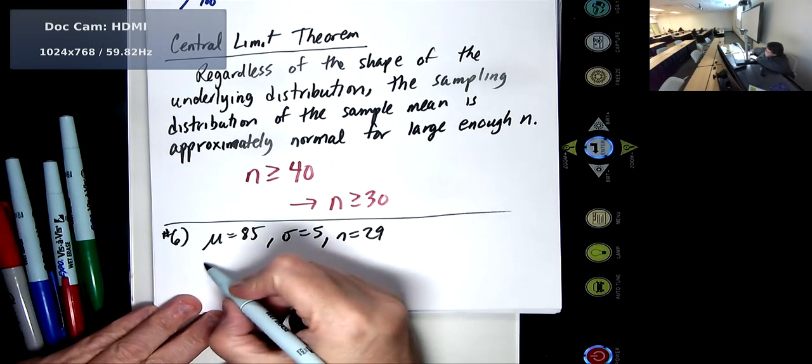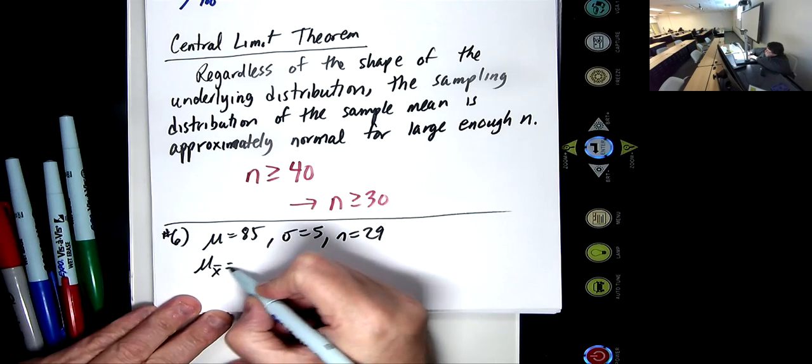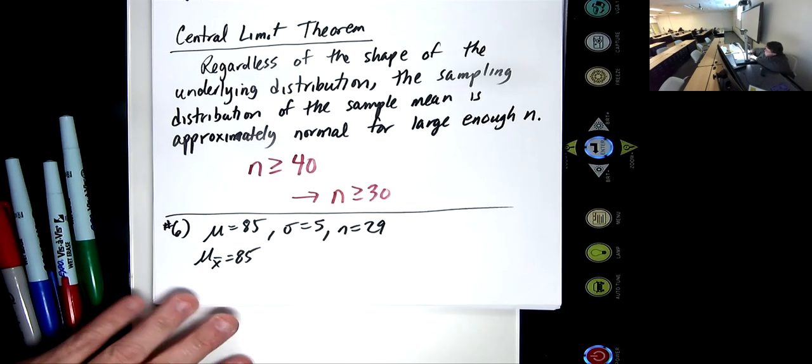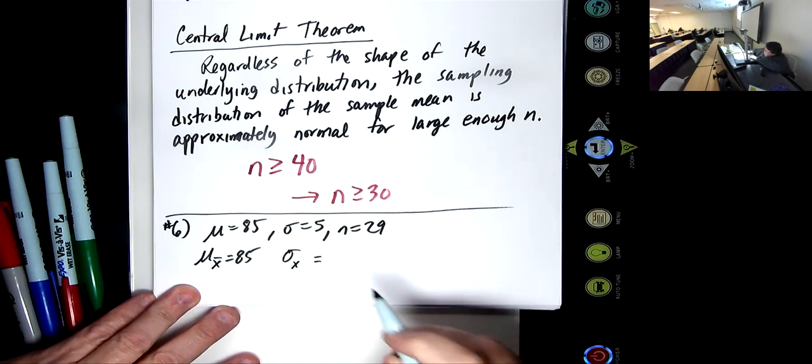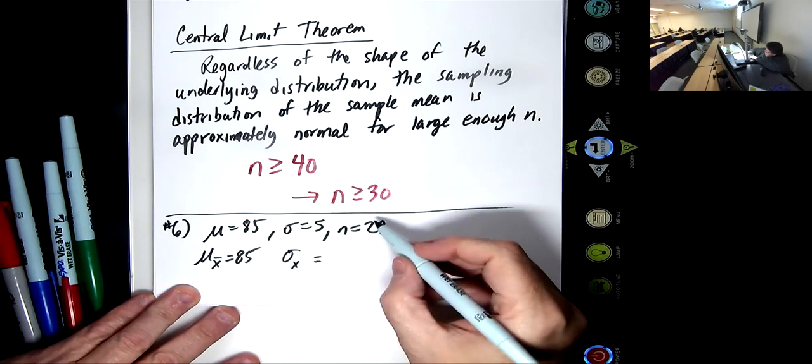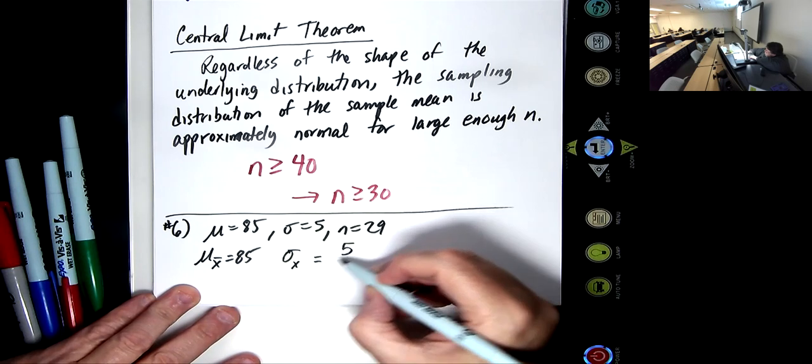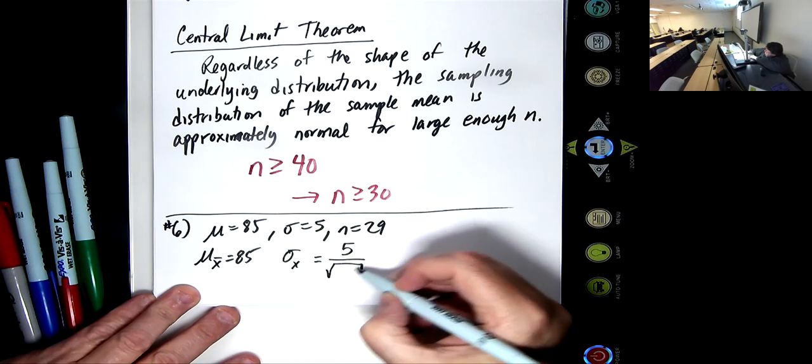And now, it says mu of x bar is the same. And they want me to find sigma of x bar. When you have sigma of the population and n, we do the sigma of the population divided by the square root of n.